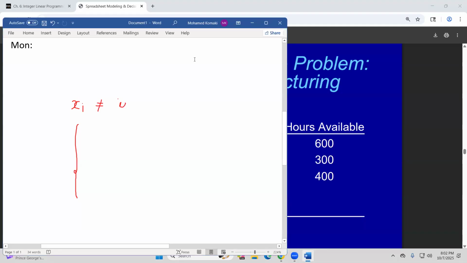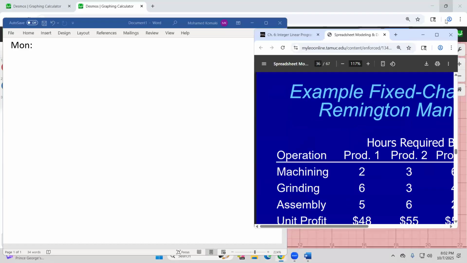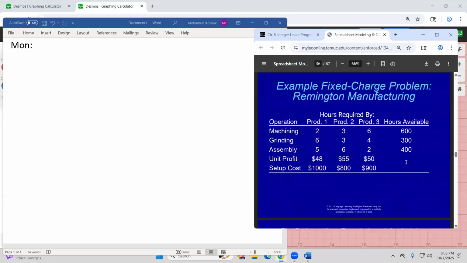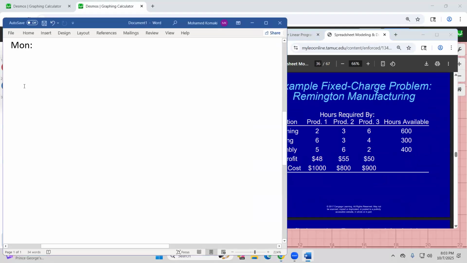Okay, so xi is the amount of each product, right?